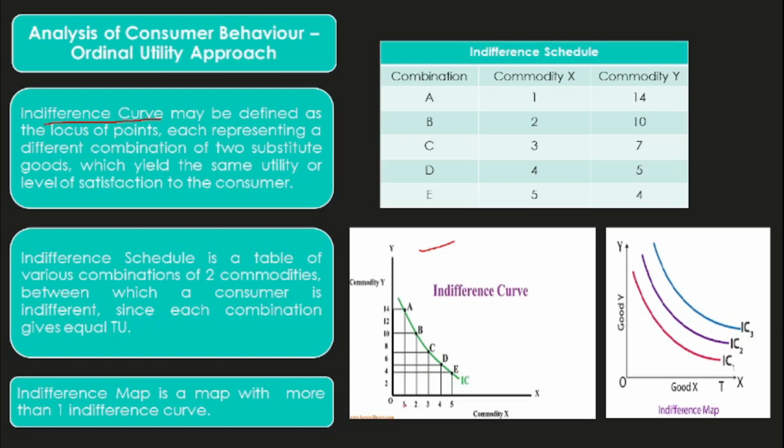We can see here that when commodity X is increasing, commodity Y is decreasing, because one has to sacrifice one commodity in order to increase the use of another. Why? Because money income is limited. Whatever money you have, you can increase the consumption of one commodity, but you cannot increase the consumption of both, because then you will not have that kind of money.